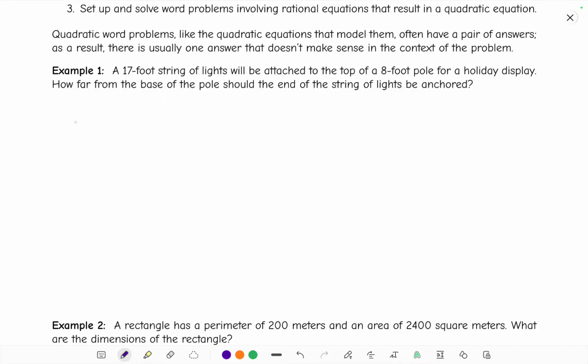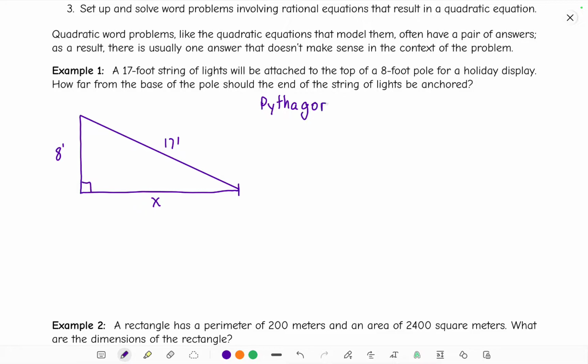Well, we've got an 8-foot pole with a 17-foot string of lights, and we're asking how far from the pole the stake where the lights are anchored must be placed. So we're looking for x, and because this is a right triangle, we can use the Pythagorean Theorem.